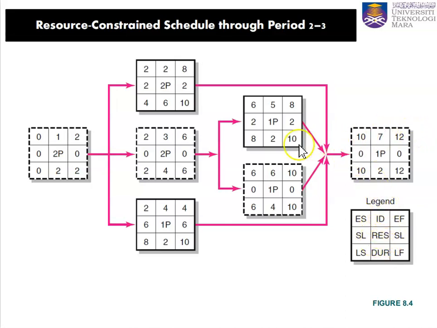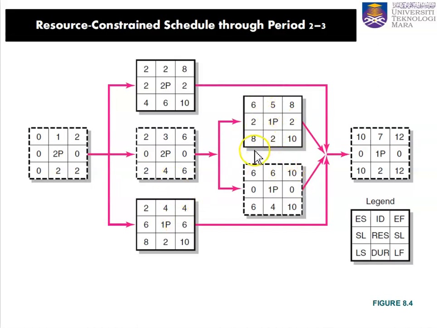Right. Now we take a look at the critical path. We can see that activities 1, 3, 6 and 7 are the critical path because they don't have any slack, they have 0 slack. So the critical path is 1, 3, 6, and 7, whereas 2, 4, and 5 have slacks.